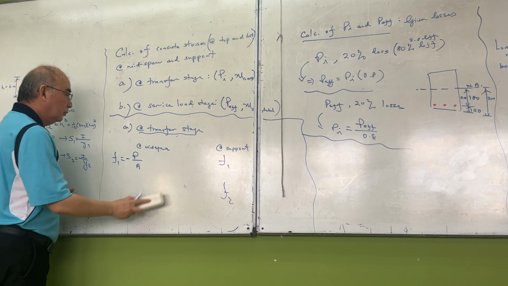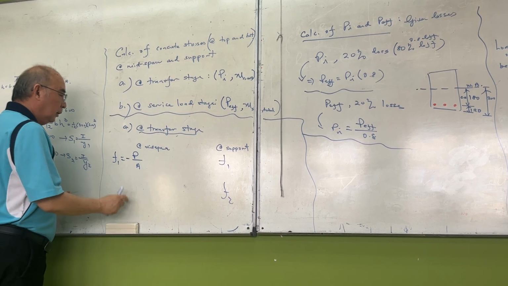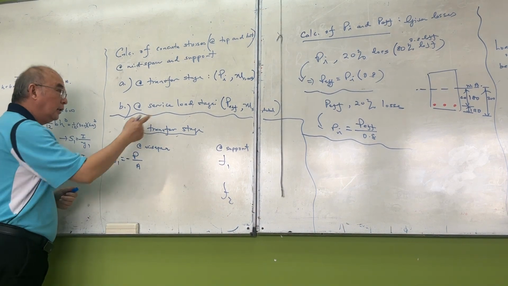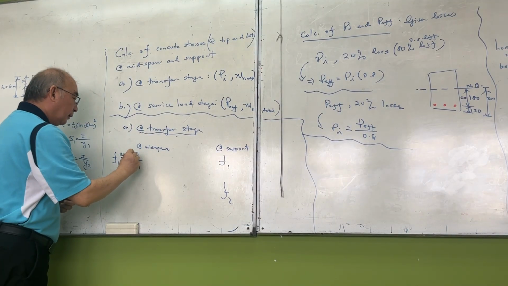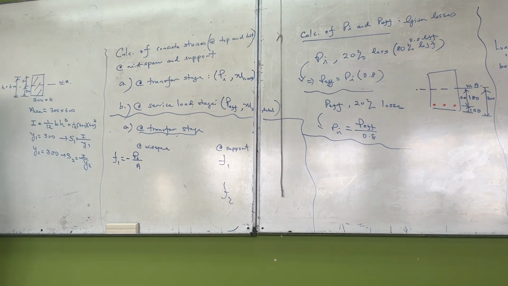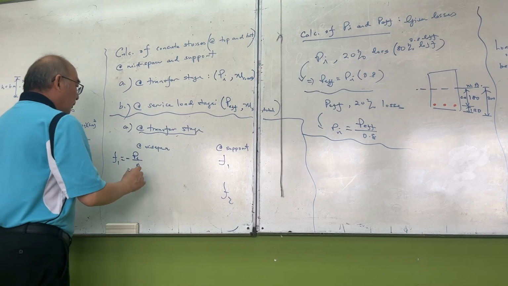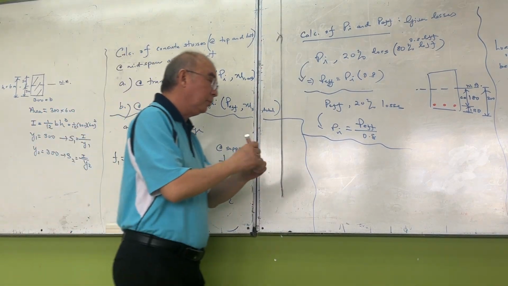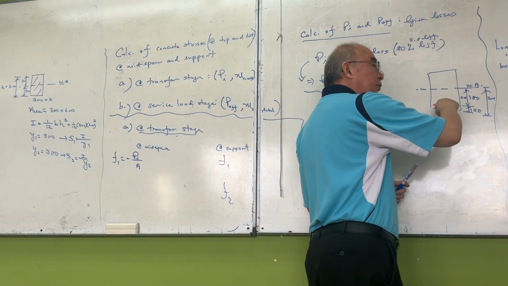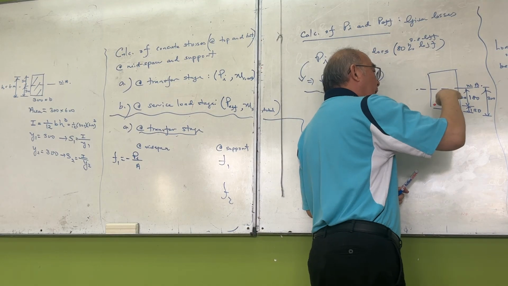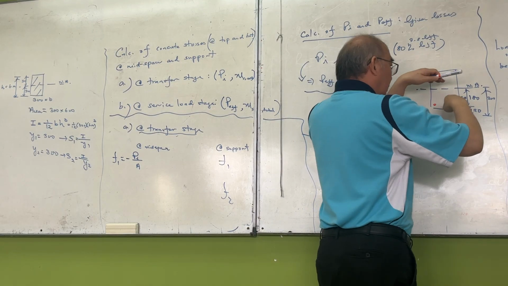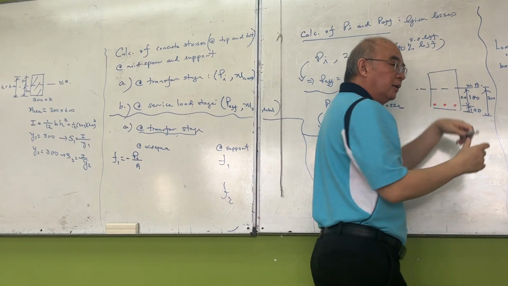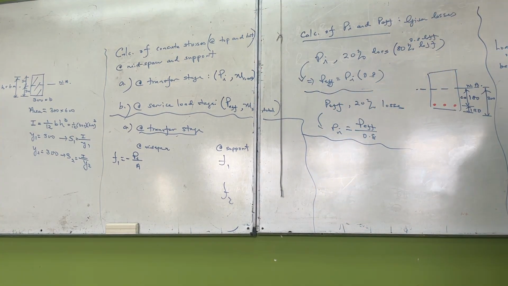So it's P over A, and in this case we use PI over A. And then we have the pre-stressing moment, because the pre-stressing force is applied at an eccentricity.